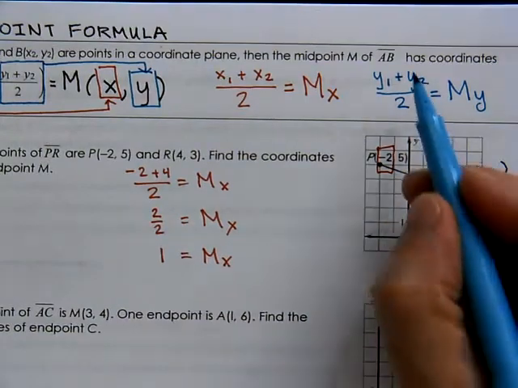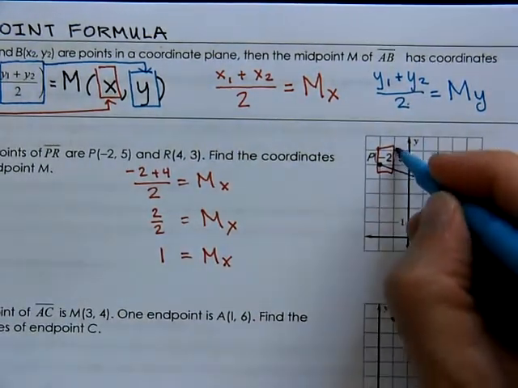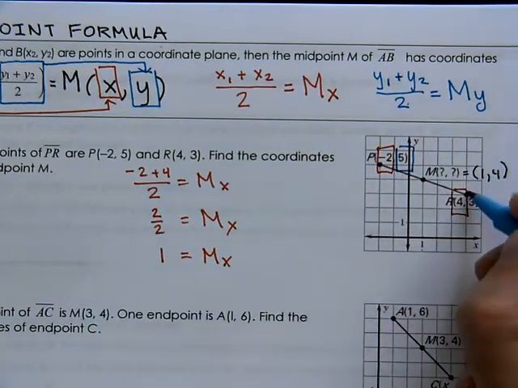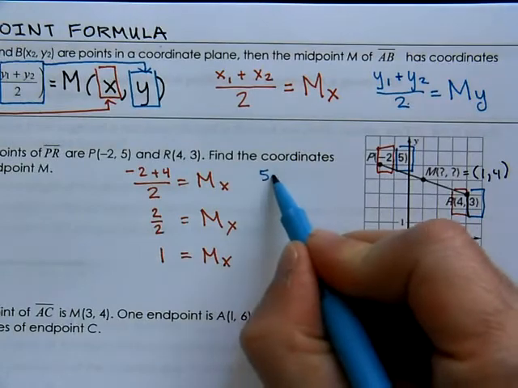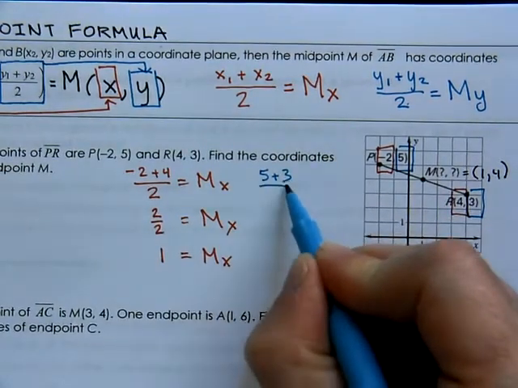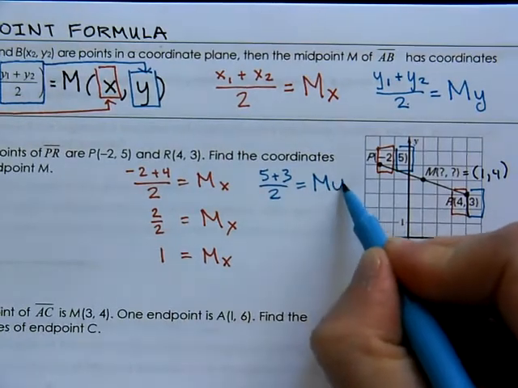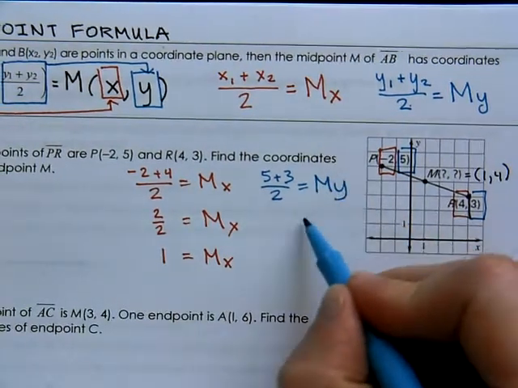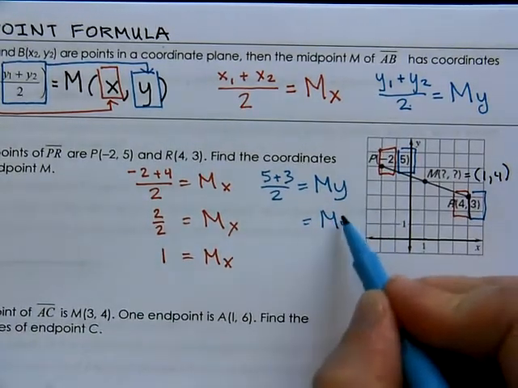For the y-coordinates, again we're adding up the y-coordinates and dividing by 2, but it's the y-coordinates of the endpoints. So you can see we have a y-coordinate of 5 and a y-coordinate of 3. So we're adding up the 5 with the 3, dividing by 2, and what does that give us? That gives us the midpoint's y-coordinate. So again, this is the variable, so that doesn't go away. That's the midpoint's y-coordinate.